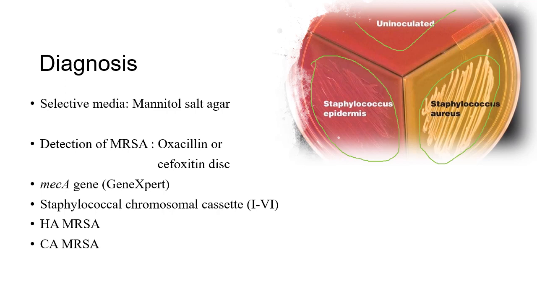But the word here is MRSA, which means methicillin resistant Staph aureus. Methicillin is an excellent drug, and oxacillin also belongs to the same group. Methicillin is used to distinguish whether the bacteria is susceptible or resistant. The antibiotic we use is actually oxacillin, but the word we use is methicillin resistant Staph aureus.